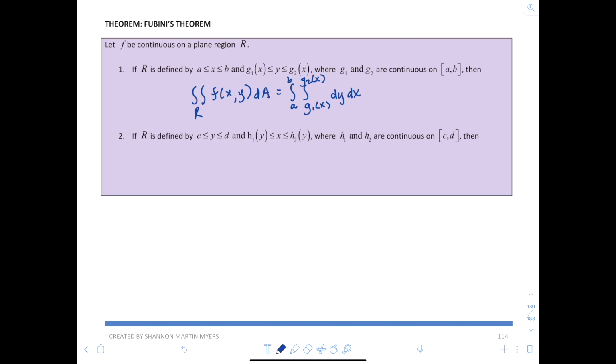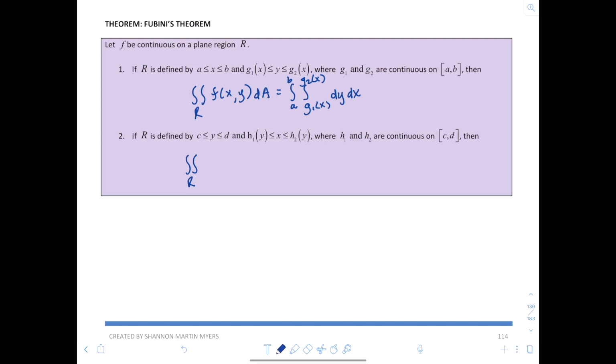If R is defined by c ≤ y ≤ d, and h1(y) ≤ x ≤ h2(y), where h1 and h2 are continuous on the closed interval from c to d, then what do you think will happen?